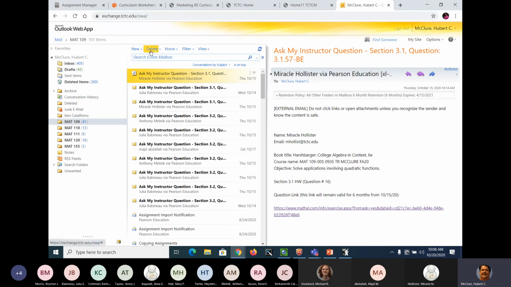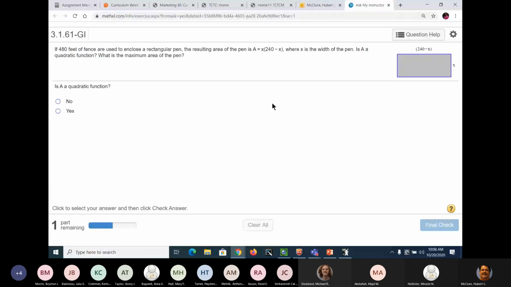All right. 480 feet of fence is all you got. And the area of the pen is X times negative X plus 240.